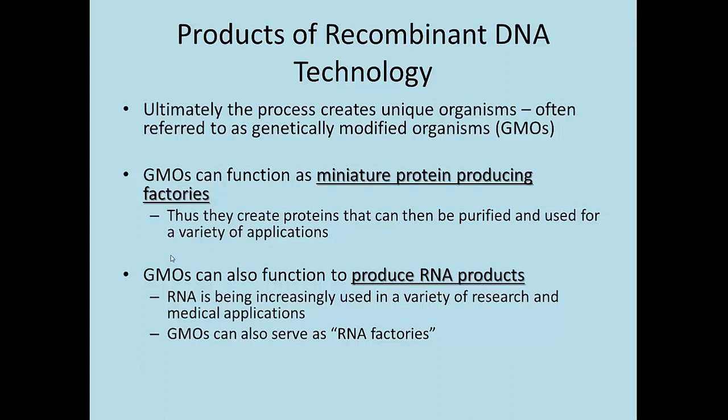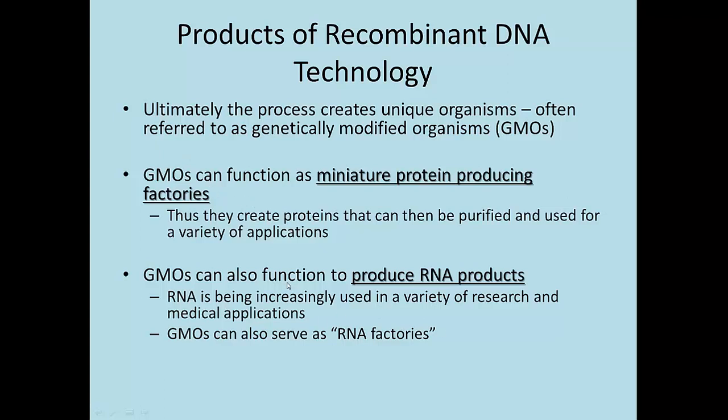Since bacteria don't normally make insulin, you have to add the insulin gene. And so at that point, you create a GMO. But really another way of looking at it is you've created a protein-producing factory, or in that case, an insulin-producing, quote-unquote, factory. So that's one way to think about it.